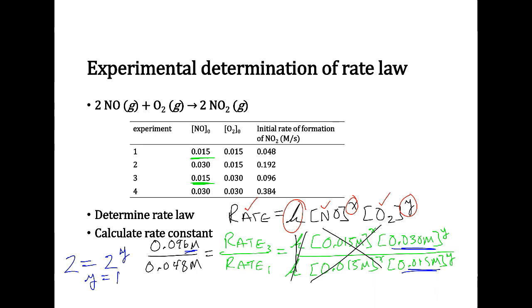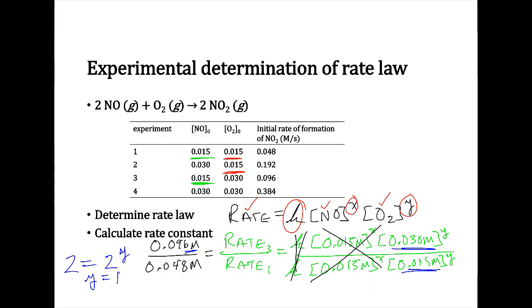So now we need to compare two trials that will enable us to find what X is. So what two trials should we compare where now we're holding oxygen constant? Well, I would go ahead and compare trial 1 and trial 2. So let's go ahead and work this out on the next page.